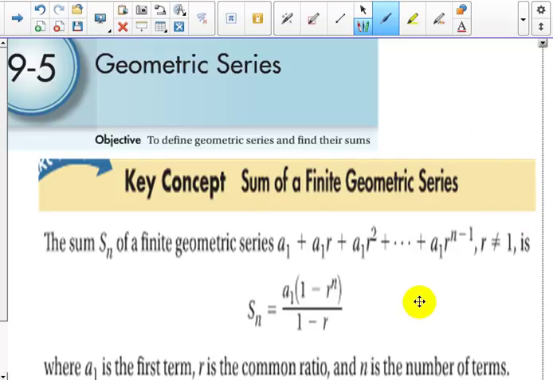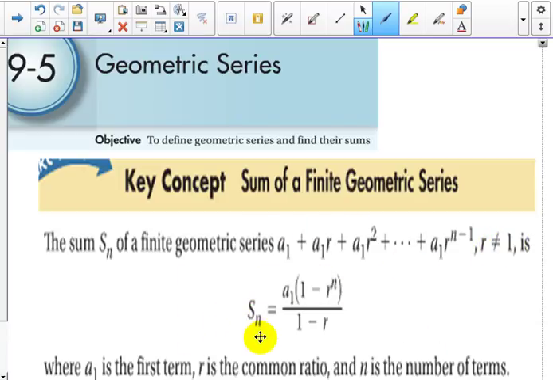and copy it. It says the key concept for the sum S sub n of a finite geometric series, a sub 1 plus a sub 1 times r plus a sub 1 times r squared plus ellipsis plus a sub 1 times r to the n minus 1, with r not equal to 1, is this.